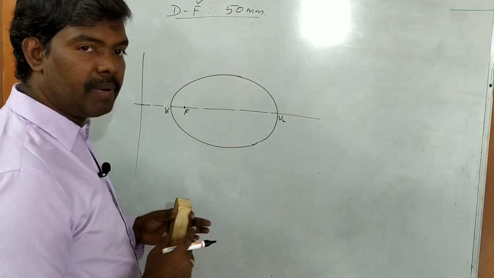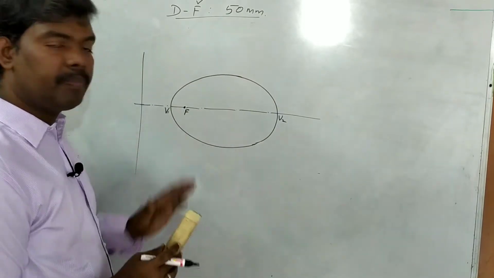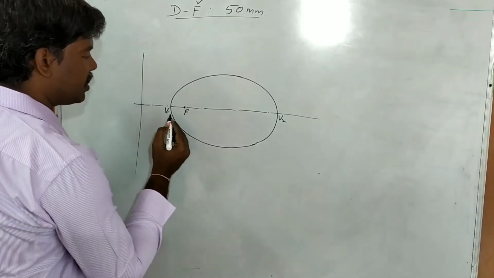So let us assume by using the eccentricity method you have completed that ellipse. Clear?